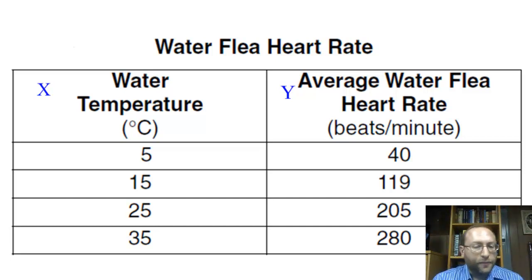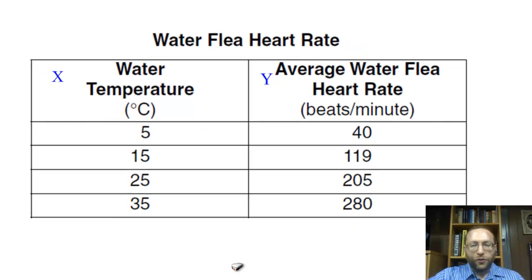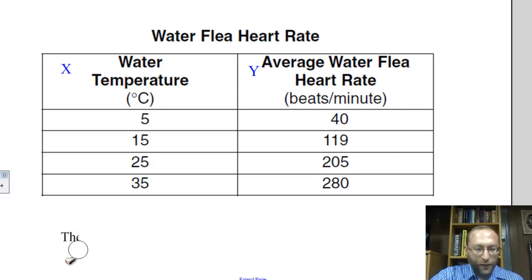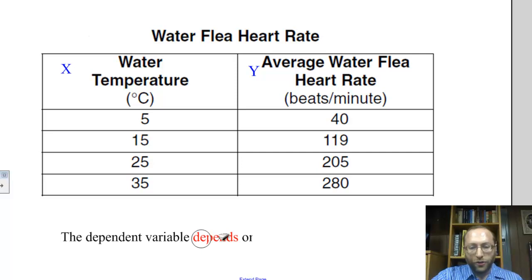And to me at least, it seems fairly obvious that changing the water temperature will change the average water flea heart rate. So here, by the way, is what I was just saying before. And this should definitely go into your notes. You do need to take notes watching these podcasts. The dependent variable depends on the independent variable.